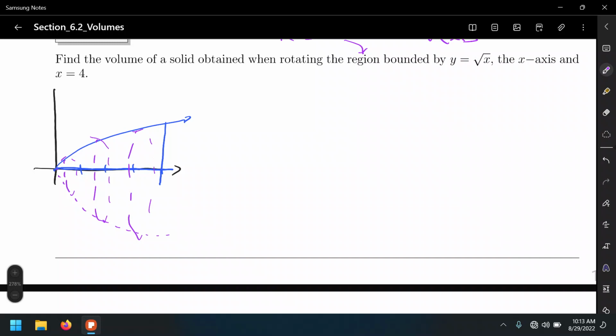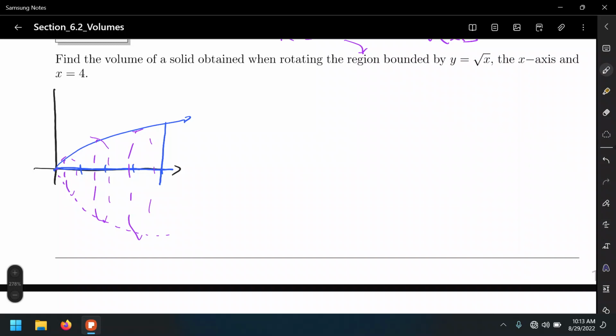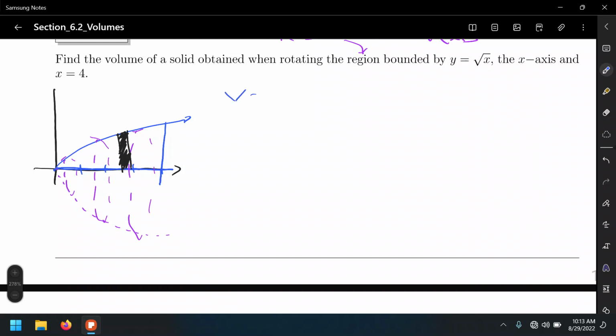And well, let's set up the problem in this case. Well, so you can still think of upper minus lower, rather top minus bottom. We're going to do something about this in more detail in the following examples. In the meantime, let's set up volume equals pi integral from a to b of f of x squared dx, and in this case the limits of integration, we can see them from the graph.